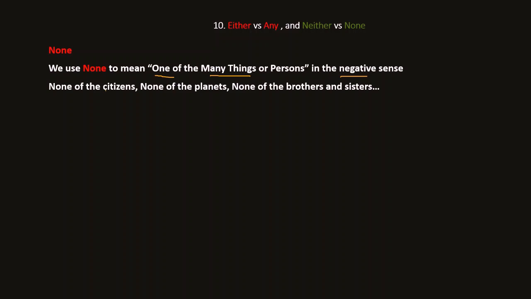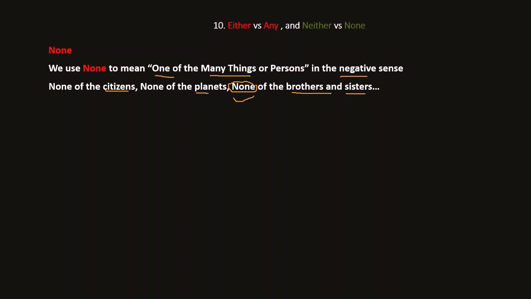When I say sisters there are at least two. The brothers and sisters, it means there are at least four people. So with four people, I can't use either. I must use none. Either can be used only with two nouns. Please note the words either, neither, and none take singular verbs.